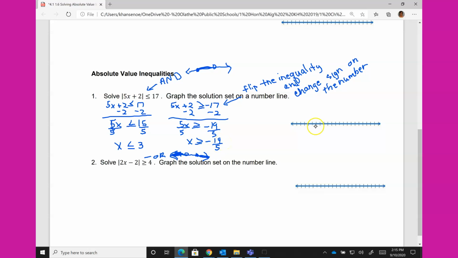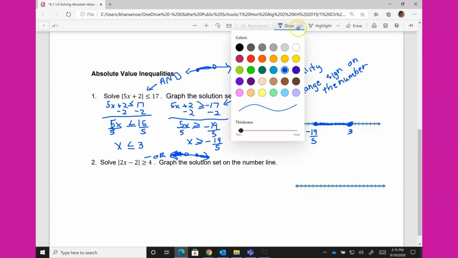All right, so I'm going to put negative 19 fifths with a closed dot right here. I'm going to put positive 3 over here with a closed dot. And remember, we know this is an and problem, so then it's everything in the middle. Let's say you forget that it's an and problem, or you don't remember that rule.